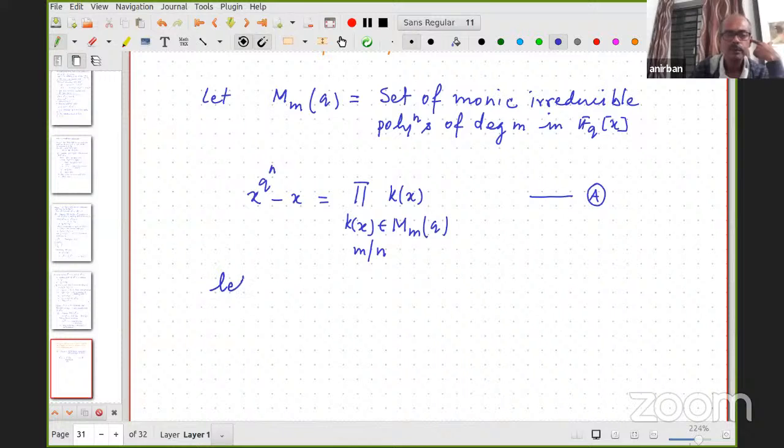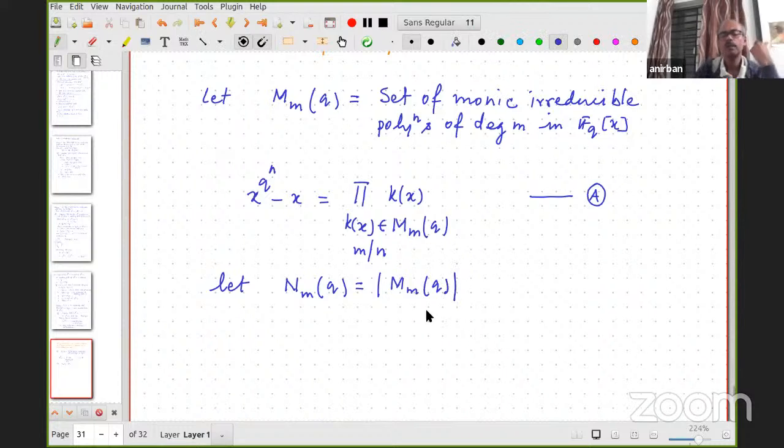Let N_m(q) simply be the cardinality, the number of monic irreducible polynomials of degree m.